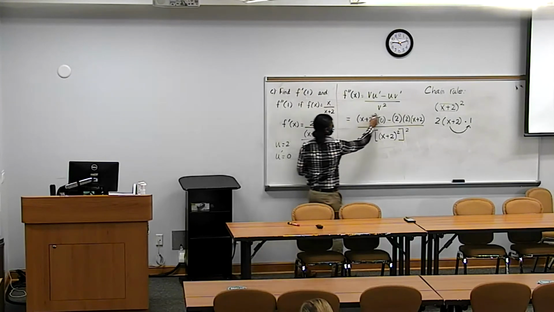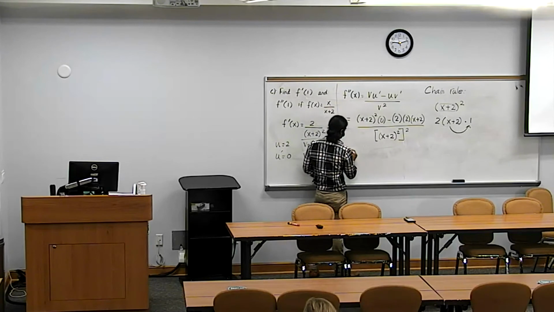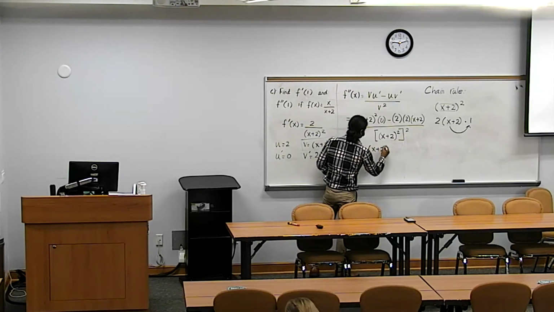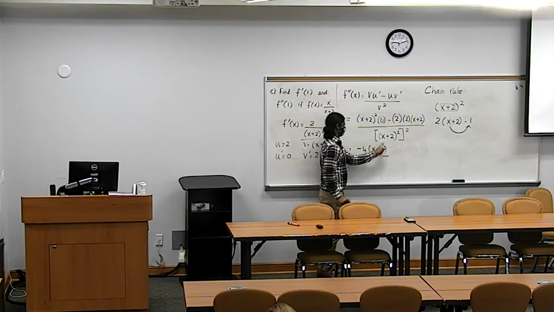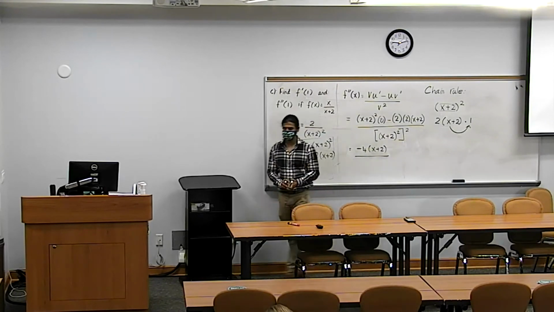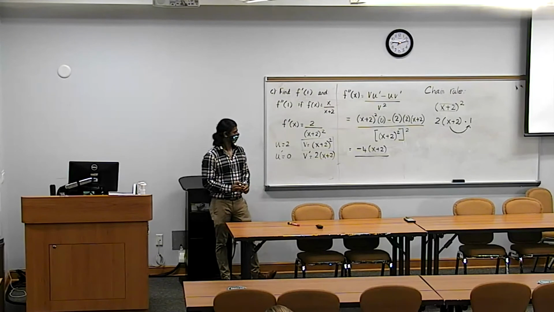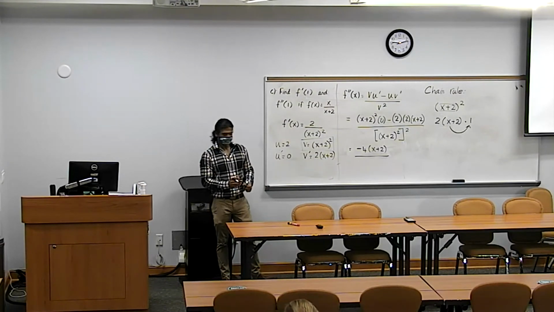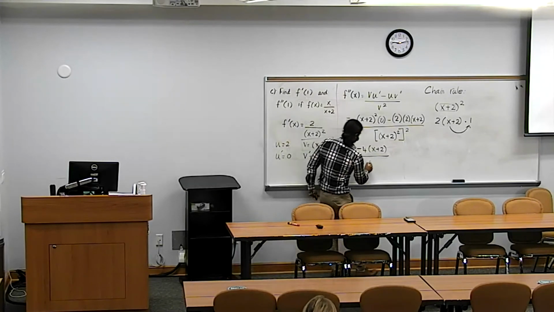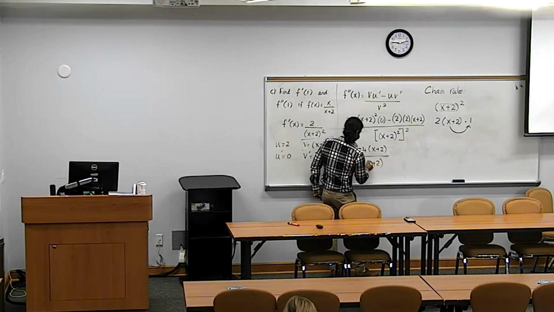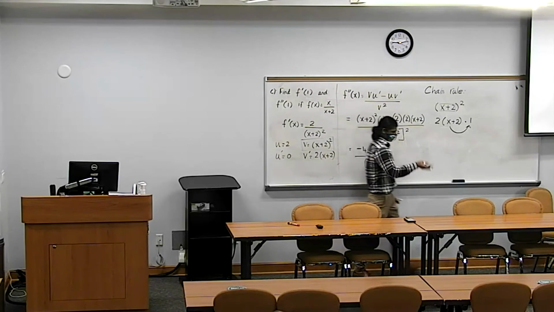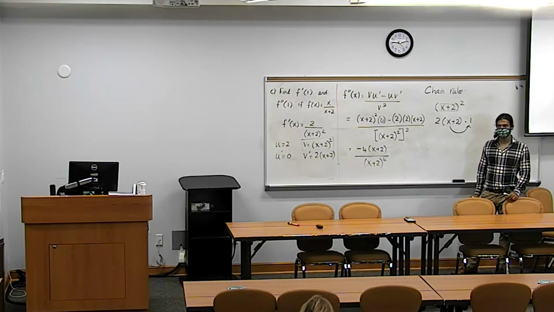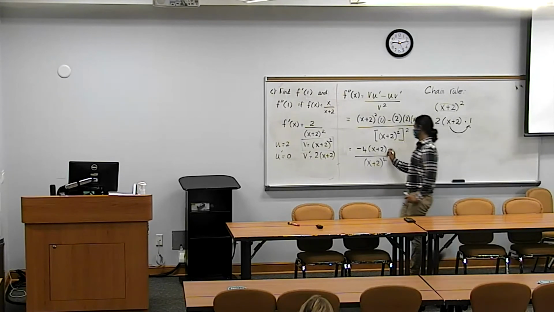The first term goes away. So we have minus 4 times x plus 2 divided by, what would that reduce to? Ophelia, do you want to try? X plus 2 raised to 4. Could we simplify that further?